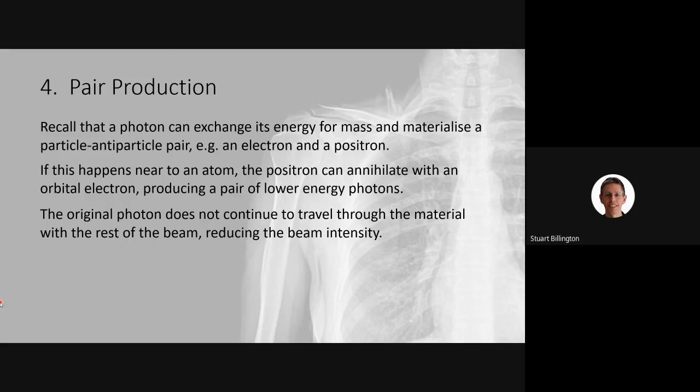And the more photons that arrived, the more the chemical reaction would occur, fueled by the photons, and the darker and darker and darker it would get. So up until about 20 years ago, the production of an image using X-rays was very much an analog technology.